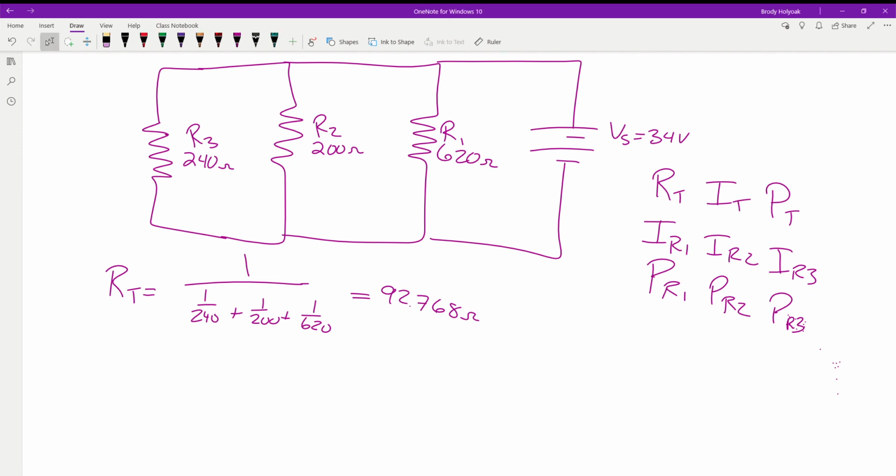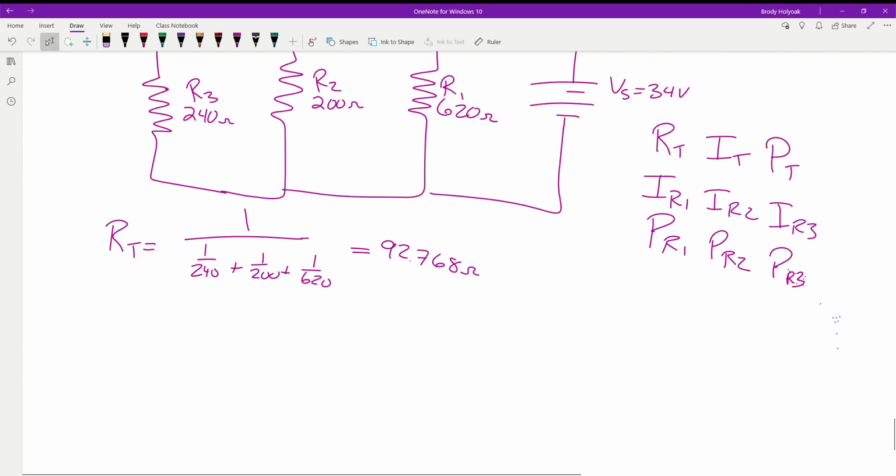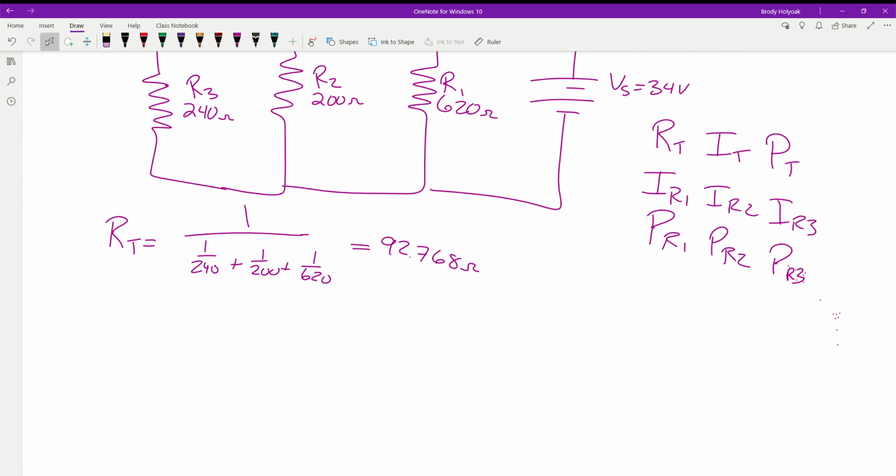Okay, Seth, which one would you like to solve for? Current total or power total? Apologize, my battery's starting to die on this pen.